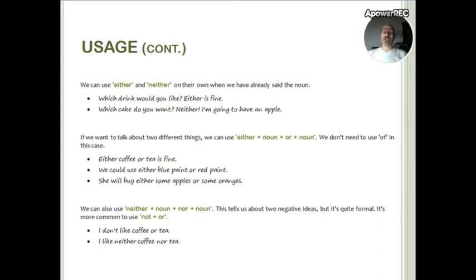Additionally, we could say neither noun, item, person, or thing, nor noun, because when we use either, we use or, and when we use neither, we use nor.